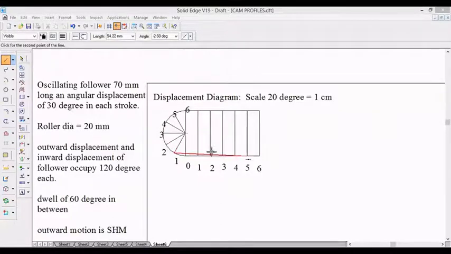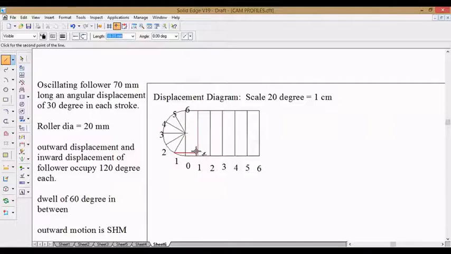Okay, 1 to 1, you join it, make an angle 0 degree. Then 2 to 2, take projection. 3 to 3, 4 to 4, 5 to 5.